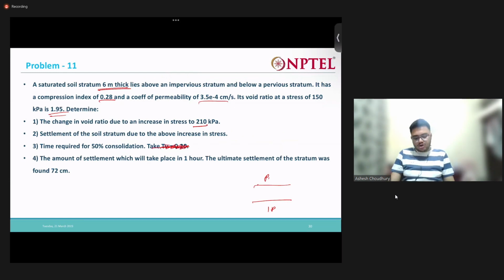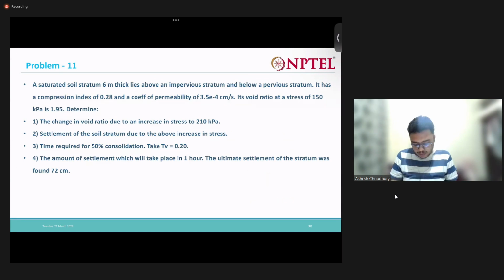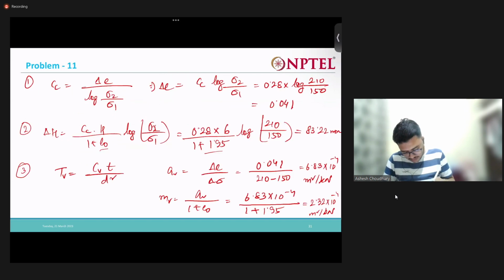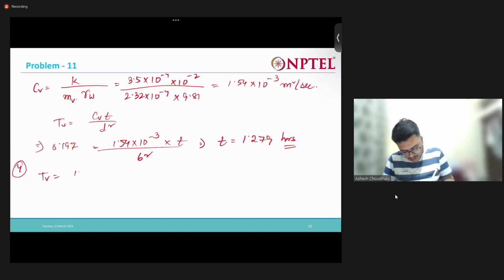Now the amount of settlement which will take place in 1 hour. In 1 hour we need to find out the amount of settlement that would take place. So let us find out the Pv for t equal to 1 hour. Tv is equal to cv t by d square, where 1 hour means 3600 seconds, by 6 square.